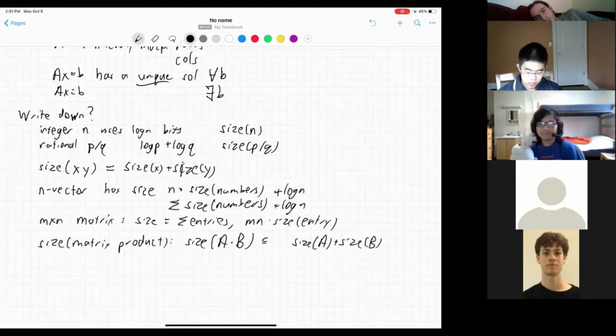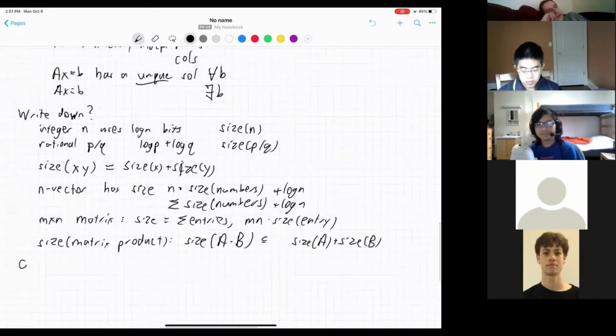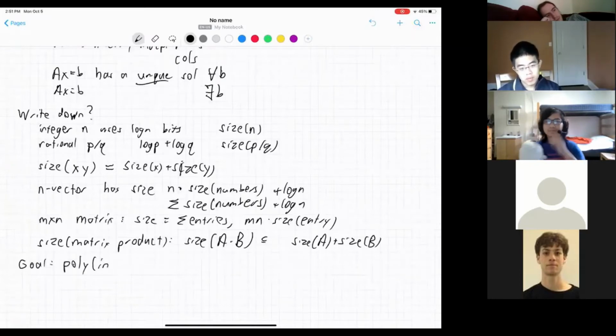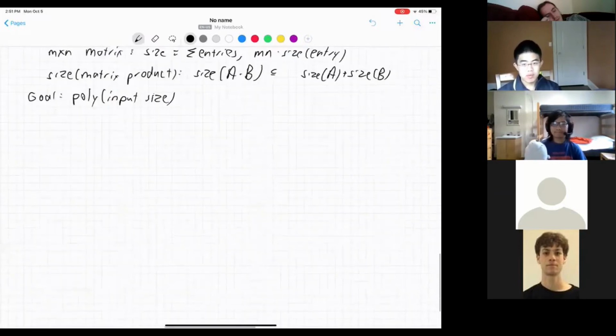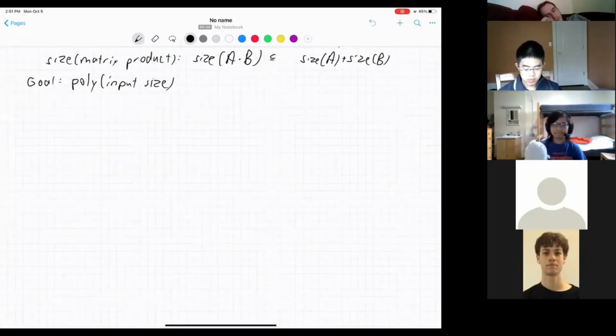So this gives us a way of talking about the sizes of inputs. And our goal as theoreticians is going to be to have algorithms that are polynomial in the input size when we represent the inputs using these numbers and matrices, okay?